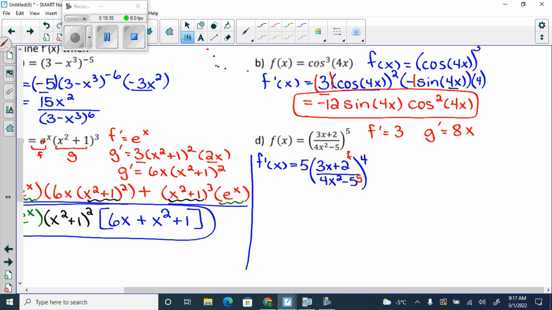We're just doing quotient rule like we did before. So I'm going to get a big bracket. I just put it as a square. You can do whatever you want. So I'm going to go g, which is 4x squared minus 5, times f prime, which is 3, minus f, which is 3x plus 2, times g prime, which is 8x, all over g squared.